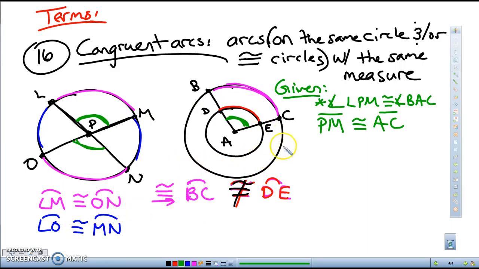Ergo. Now to demonstrate having congruent arcs on different circles, you can see we've got some concentric circles going on again.